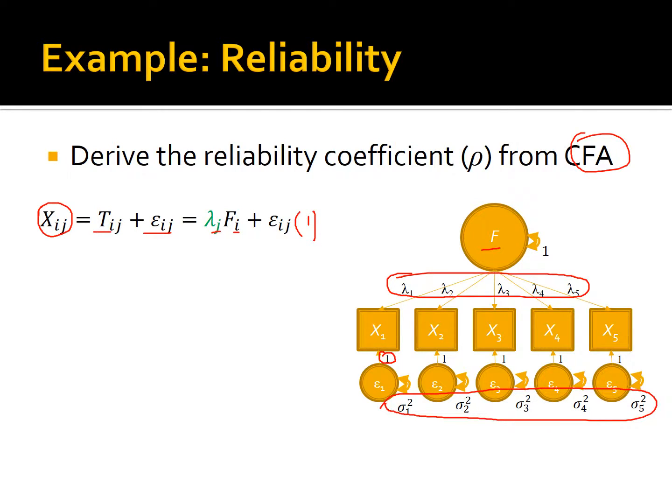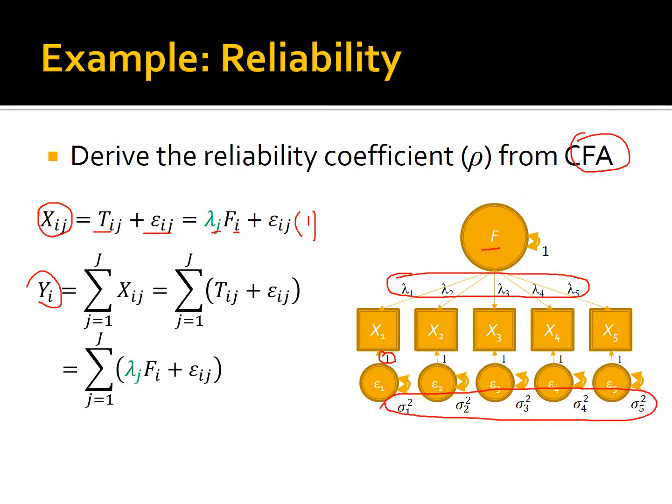Because 1 times anything is anything, and y is the sum of all x, which is the sum across items of all true scores and the error scores.